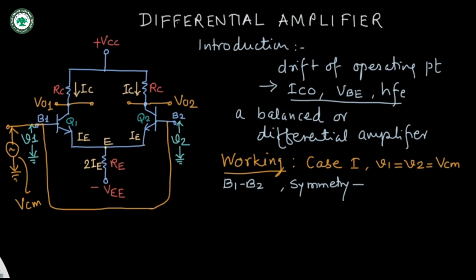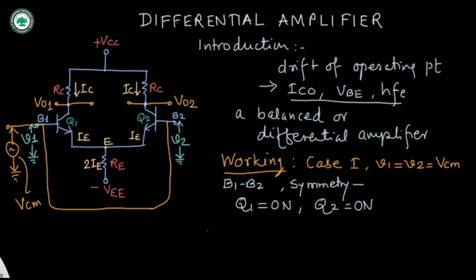So what will be the actual working? As both the transistors conduct, Q1 transistor will be on, Q2 transistor will also be on, and now the voltages will be the same for each side.